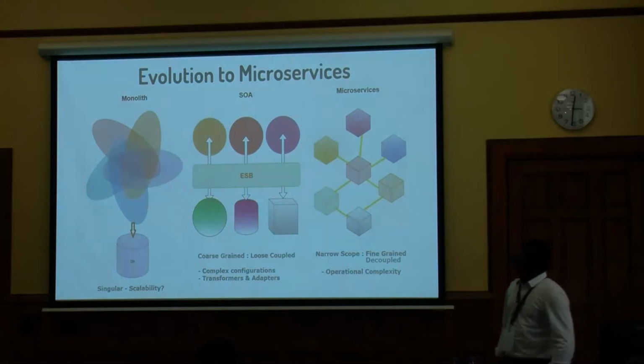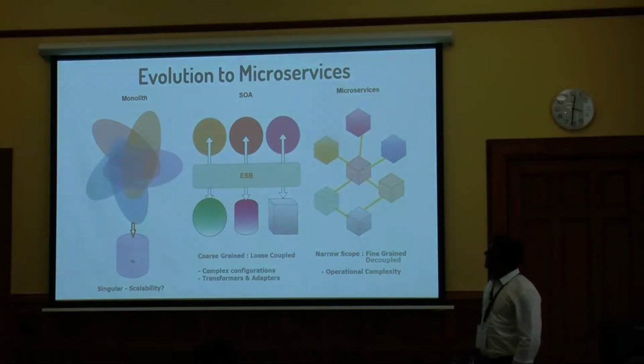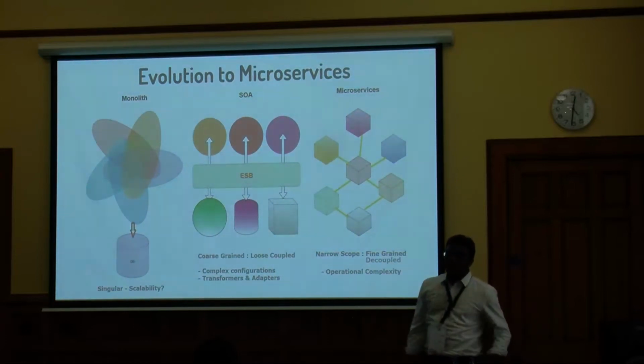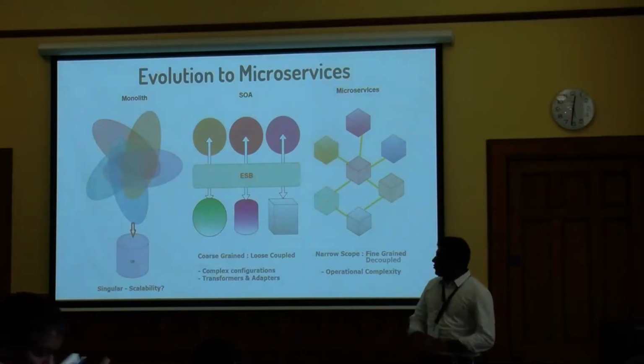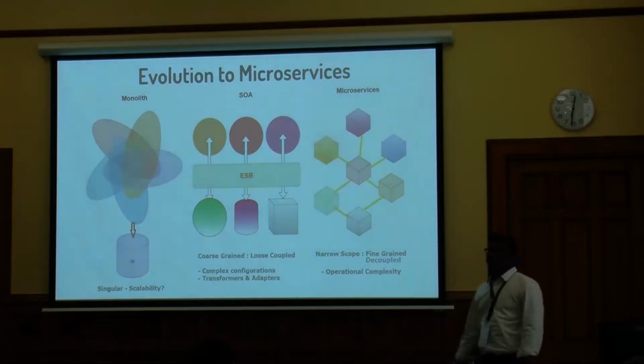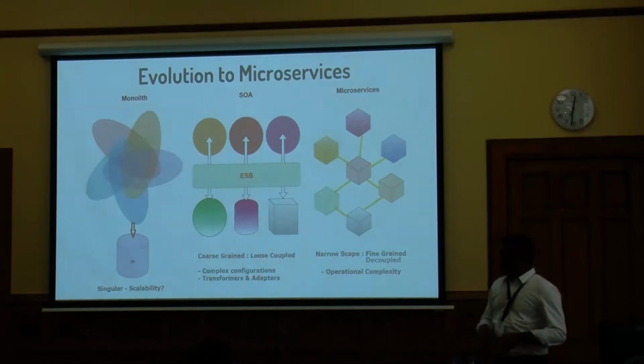So what is the reason for microservices? One of the main disadvantages of the monolith is that you have all the applications interacting with each other. Every system communicates with each other within one big stack, that means one singular application. You do not distribute the systems.